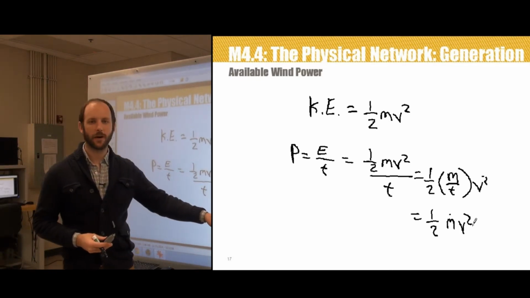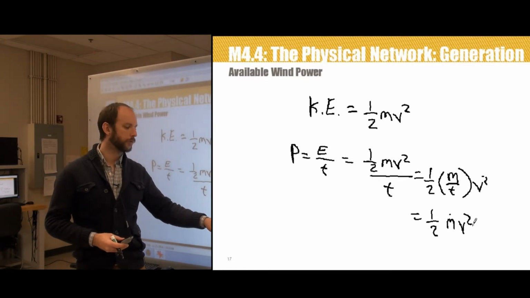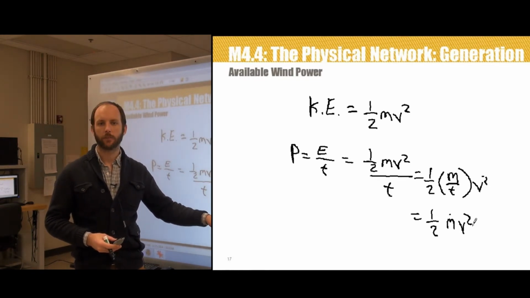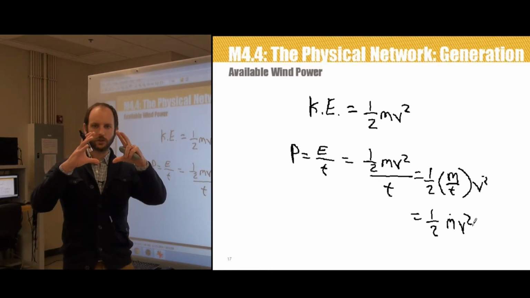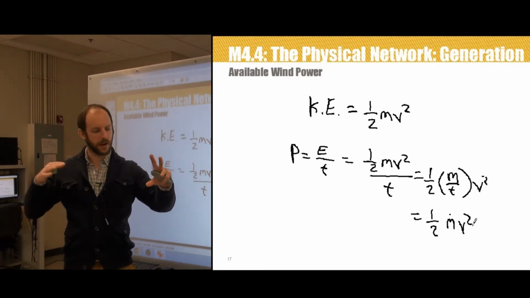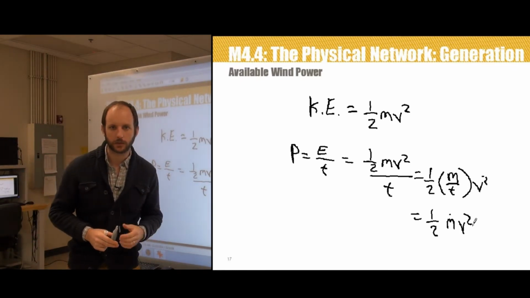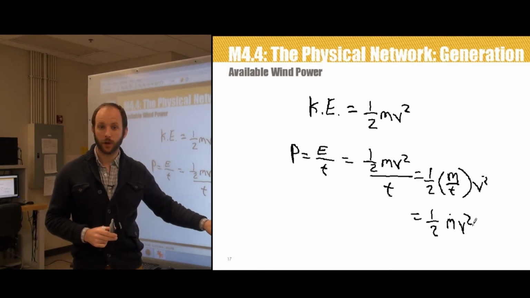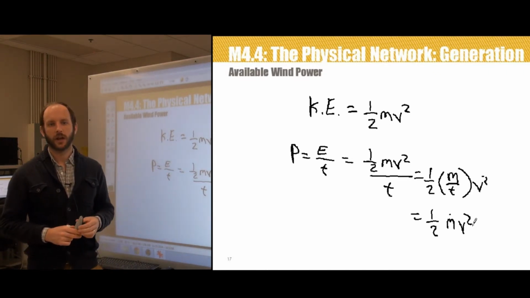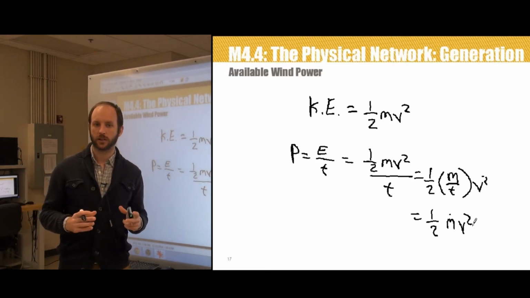In this equation, m dot is called the mass flow rate, or how much mass moves through a given area per unit time. So if I've got a cross-section of a wind turbine, it's how much mass of air flowed past that cross-section in 1 second. This mass flow rate, in turn, is calculated as the product of air density, air speed, and cross-sectional area.